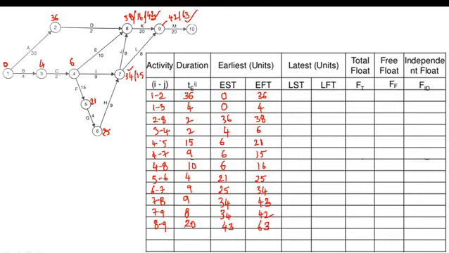So for activity 9 to 10, which is our last activity, what is the duration given to us? 20 is the duration. What is the earliest starting time? 63. 63 plus 20, how much is it? 83. So this project will complete in 83 days.